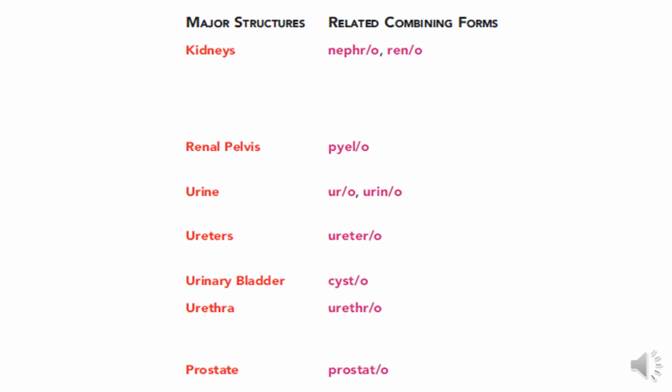Urinalysis means examination of the urine. Uretro means related to the ureter. Cysto or vesico is related to the urinary bladder. Urethro is related to the urethra. And keep in mind, urethro is totally different from uretro. Prostato or prostatic is related to the prostate.